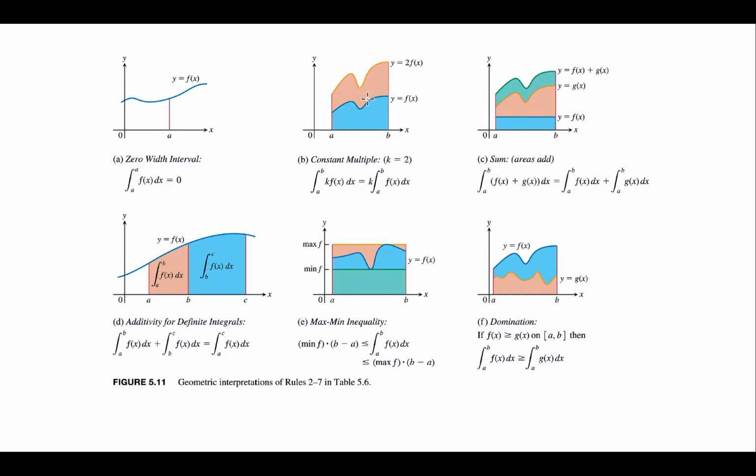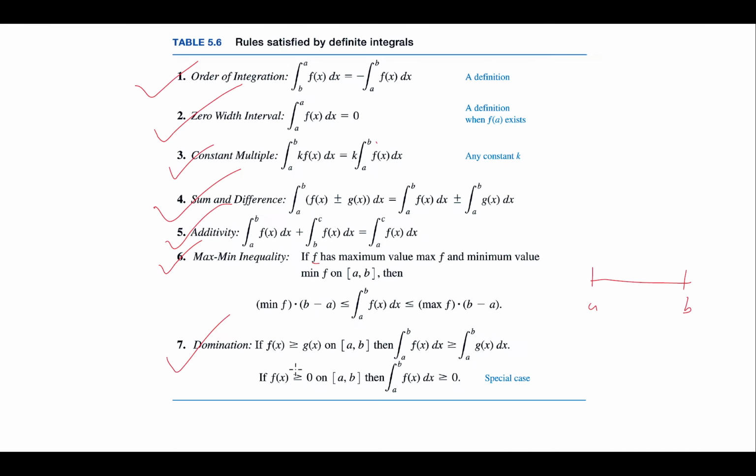This is the integration of k times f of x. In this case k is 2, so you can just multiply the integration of f of x by 2 and you will get the same result. So these are just geometrical interpretations of the rules we have here.